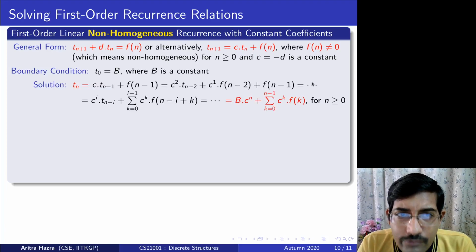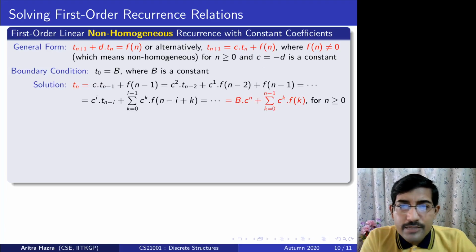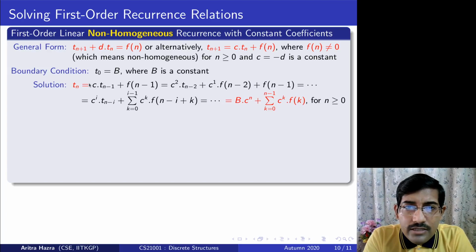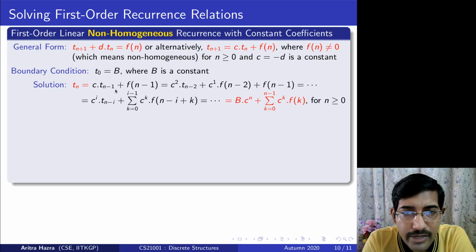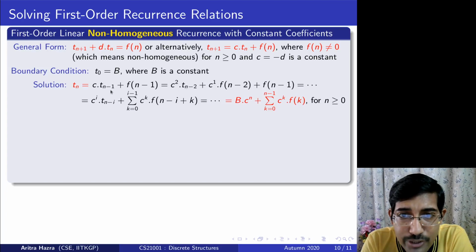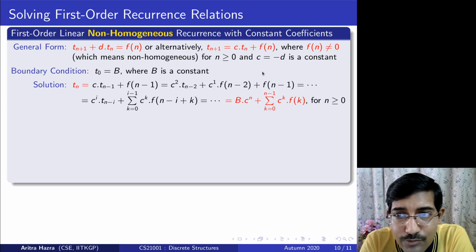So now if you try to estimate it using expansion, check this form: T(n+1) equal to this, which means Tn equal to c T(n-1) plus F(n-1). c T(n-1) is nothing but c square T(n-2) plus c F(n-2), plus this F(n-1) as it is.